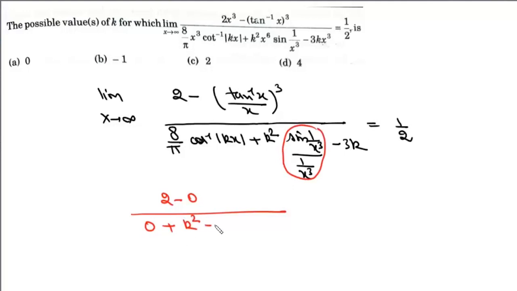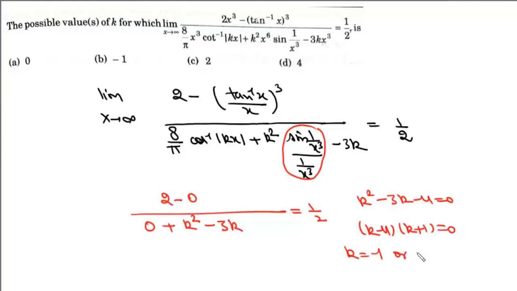So it will be k square minus 3k equal to 1 by 2. So from here we can write k square minus 3k minus 4 equals 0. So it will be k minus 4 into k plus 1 equals 0. So the value of k is either minus 1 or 4. That means the possible values are minus 1 and 4.